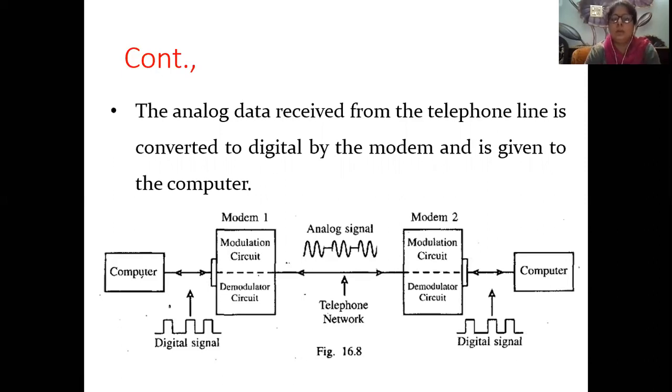Here it will convert digital signal, which is in the form of 0 and 1, into analog signal which is transmitted on the telephone wires. Then at the destination, we have modem number 2, which will again convert analog signal into digital signal, 0 and 1 form, and send it to destination computer. This is the process in which modulation and demodulation is done.